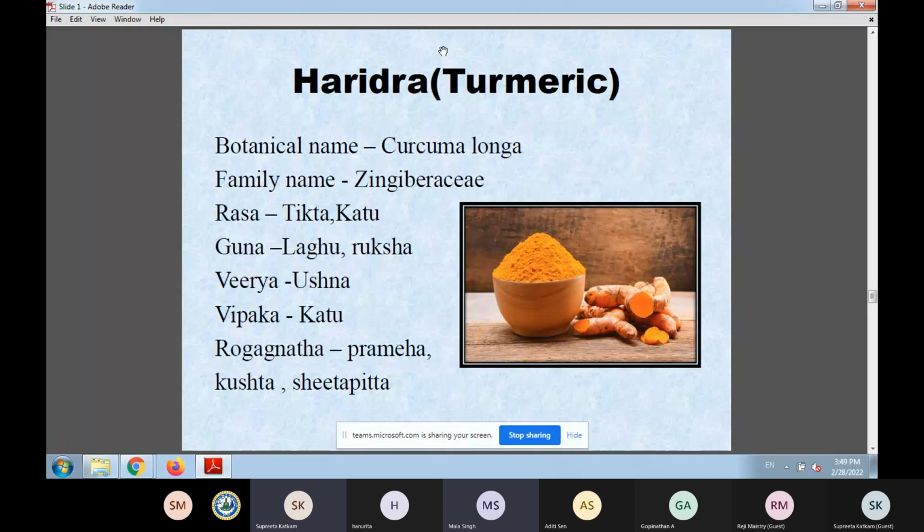Moving on, for osteoarthritis, which plant herb can we use? It may not be herbs. For osteoarthritis, milk and ghee are beneficial. And amla?